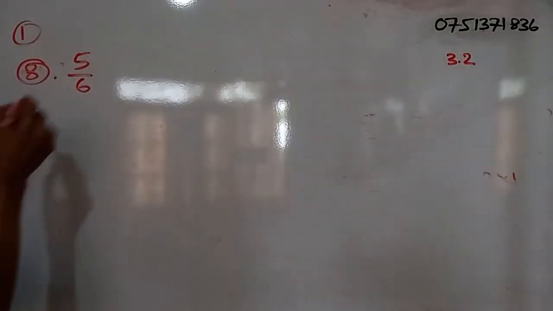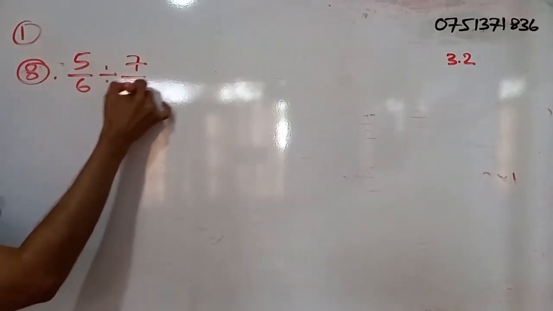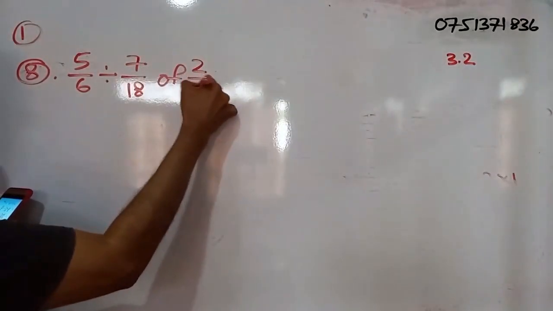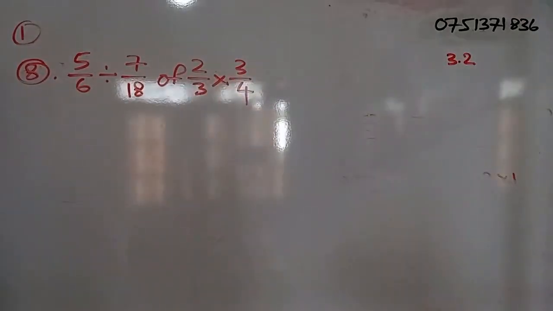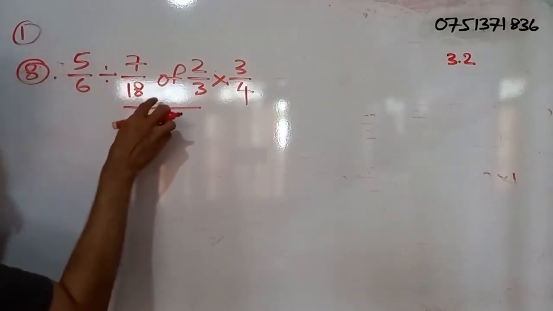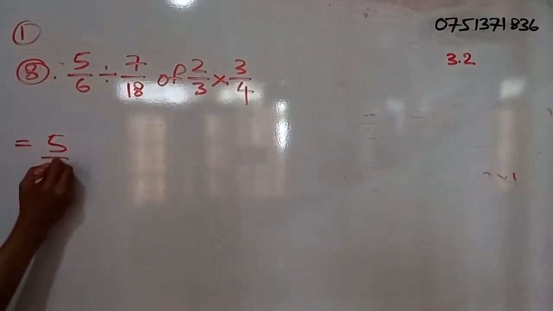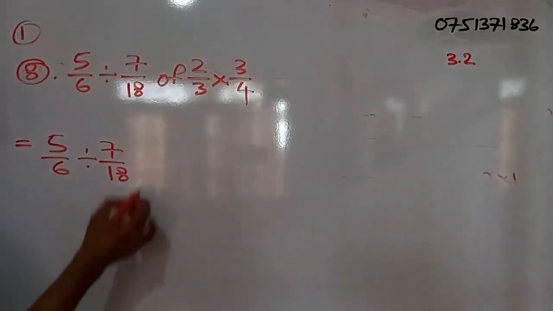Right. Part 8. So we have 5 by 6 divided by 7 by 18 of 2 by 3 into 3 by 4. So we have to start the simplification process from here because we have "of" here. Okay. So equals 5 by 6 divided by 7 by 18.